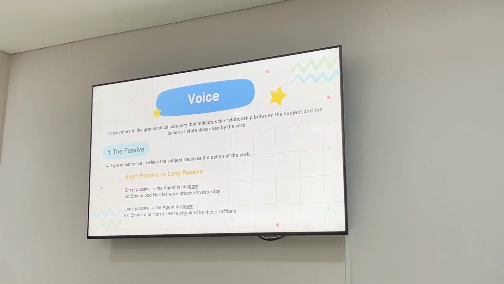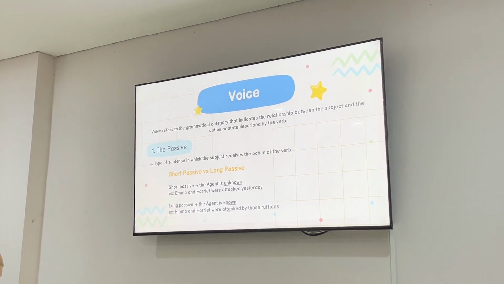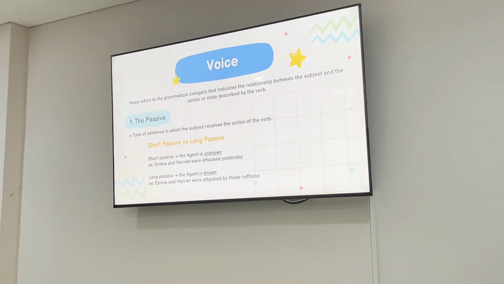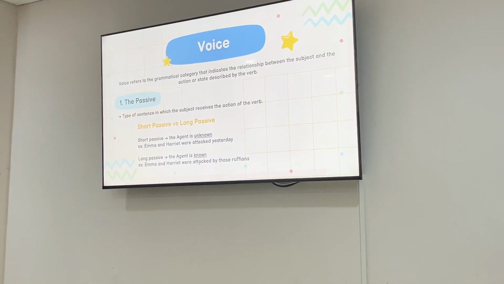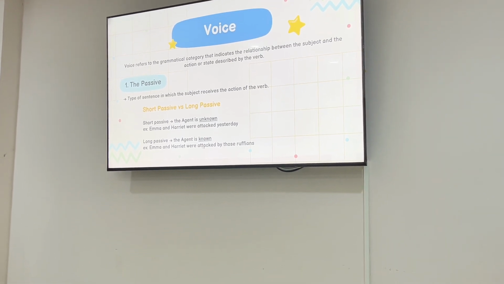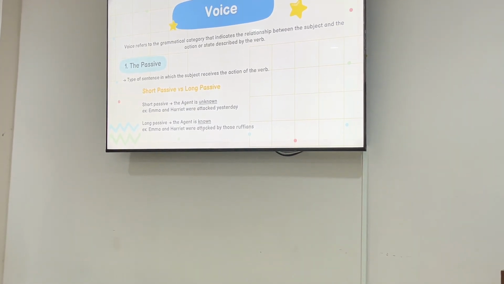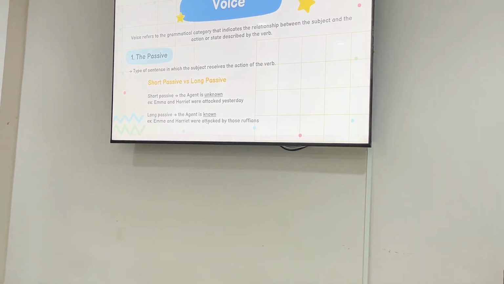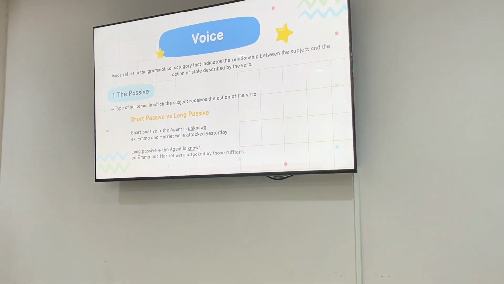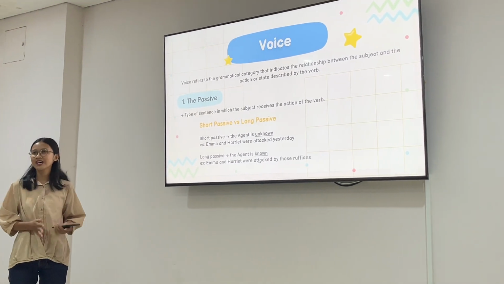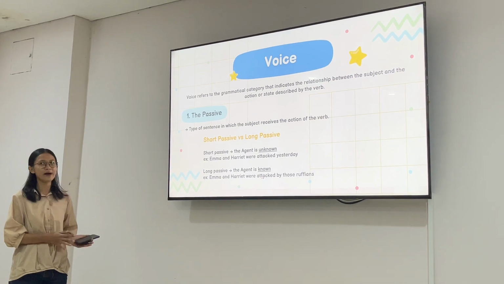Okay, last but not least is voice. Voice refers to the grammatical features that indicate the relationship between the subject and the action or the state that's described by the verb. So here, the first category is the passive.